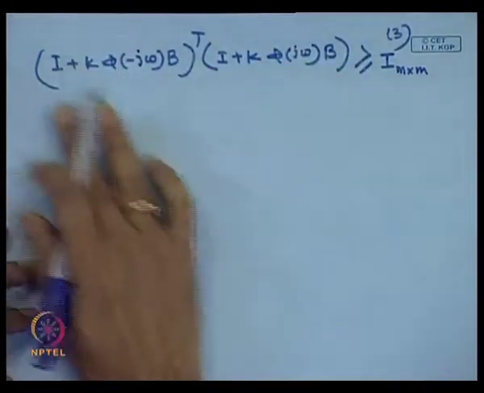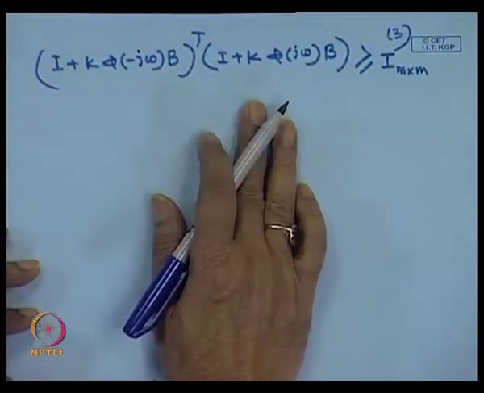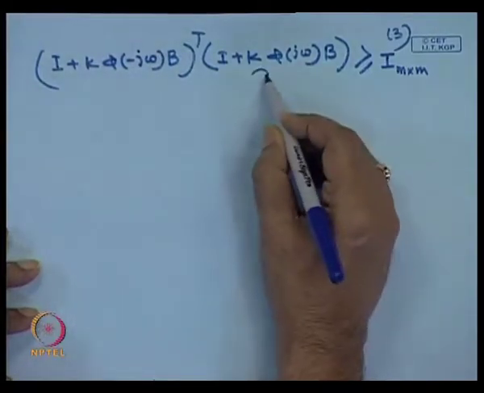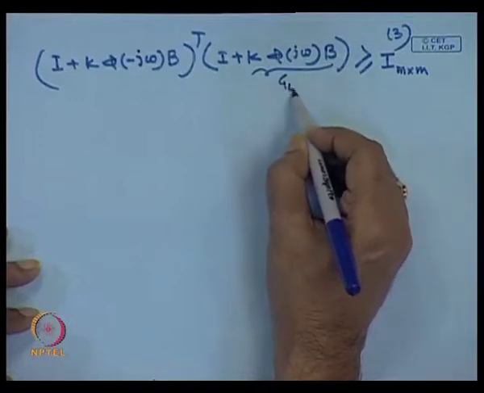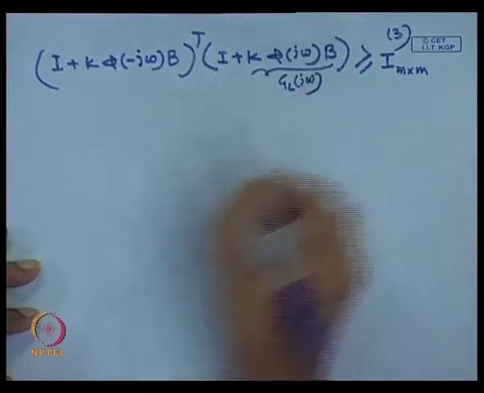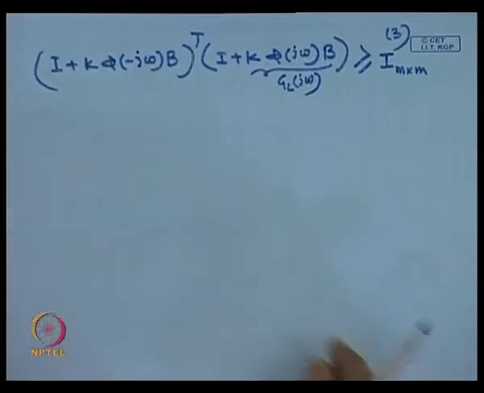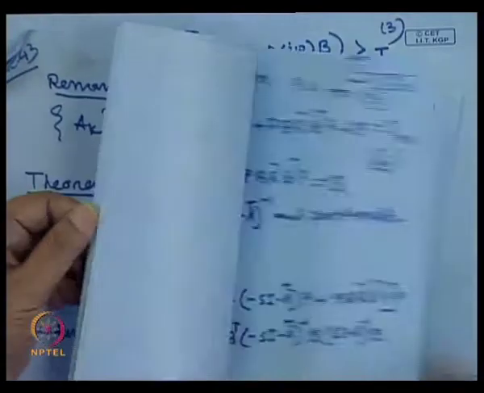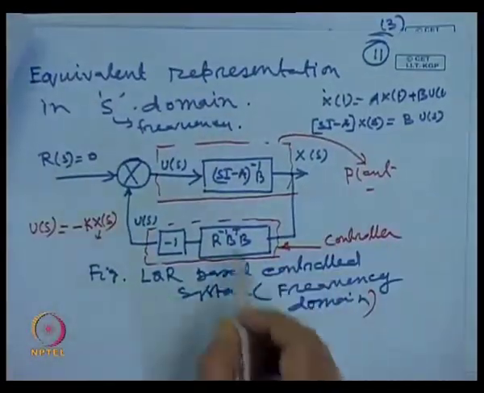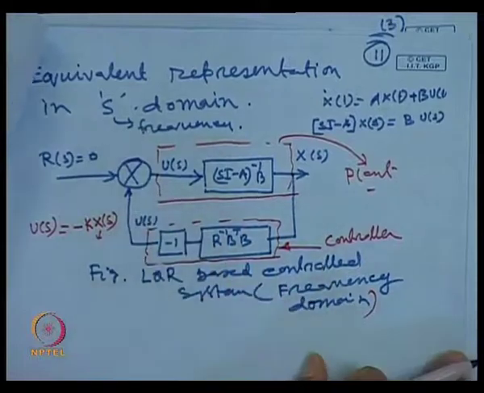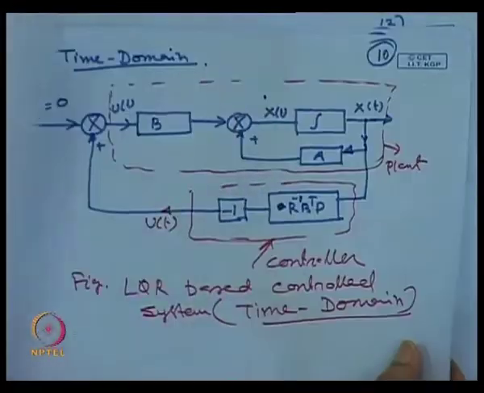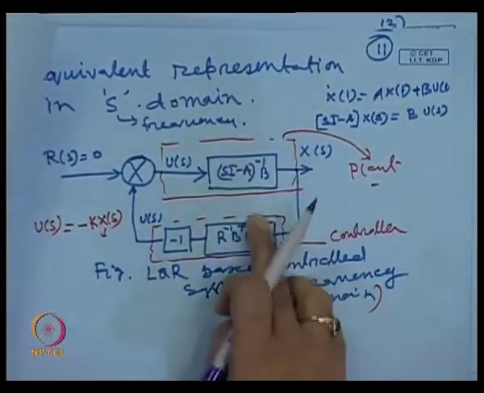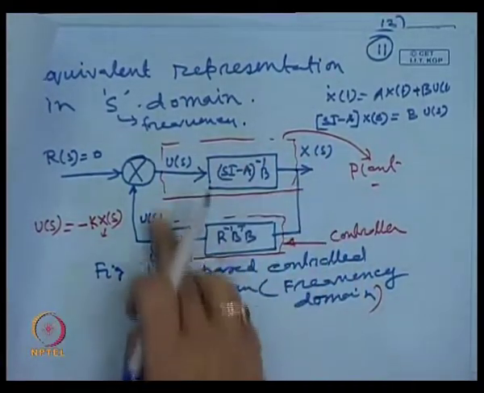If you see, as we discussed earlier, this quantity is nothing but our loop gain. If you recollect our previous formulation from the last class, this whole thing is the loop gain of the system. If you consider G(S)H(S), that is the loop gain.